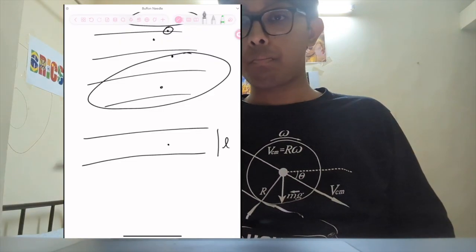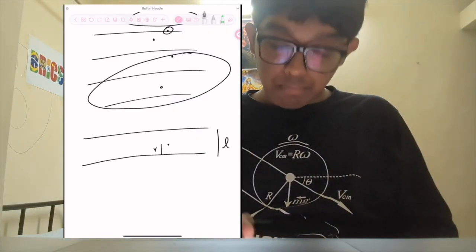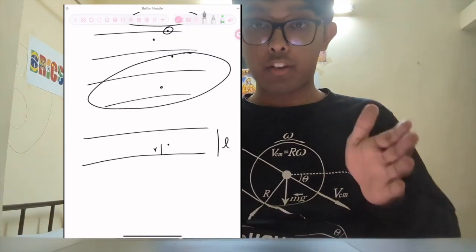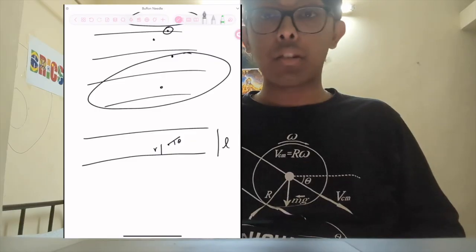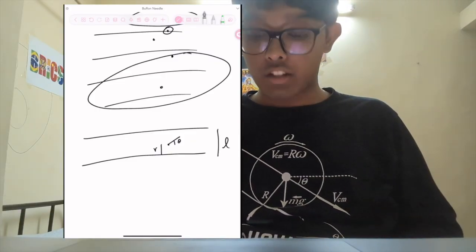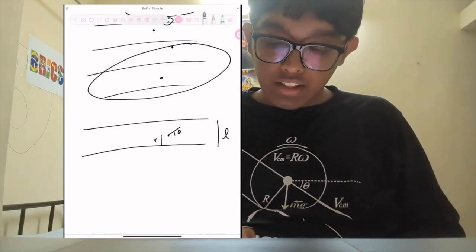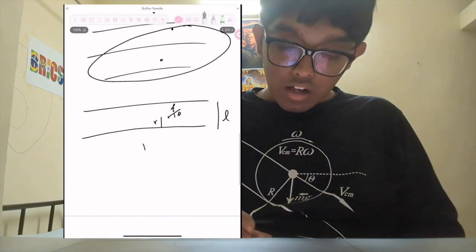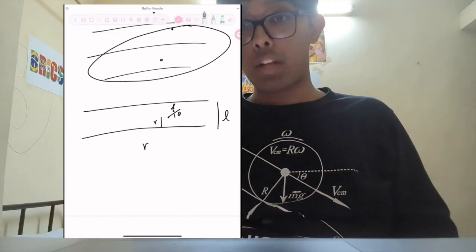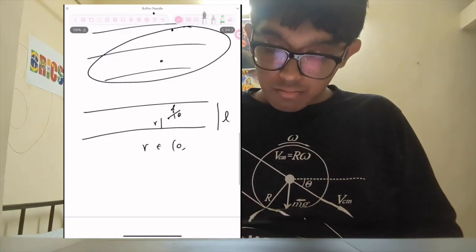Now we have two parameters which affect the needle. One is the distance from the bottom line, and one is the angle the needle makes with our reference frame. And obviously from the center to the end of the needle it is L by 2. Now R, the distance from the bottom line, goes from 0 to L.